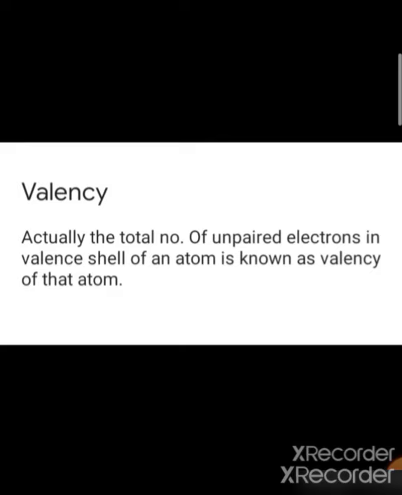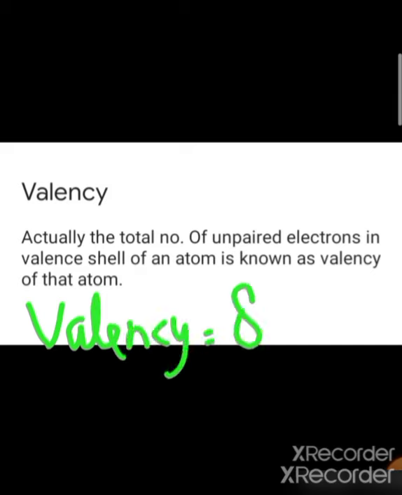The formula is valency is equal to 8 minus valence electrons.